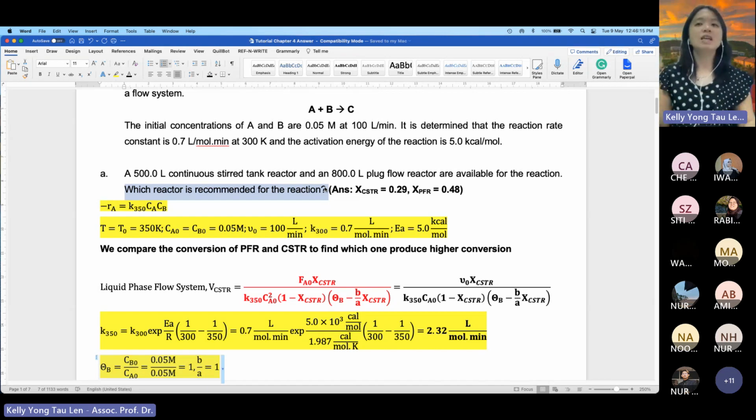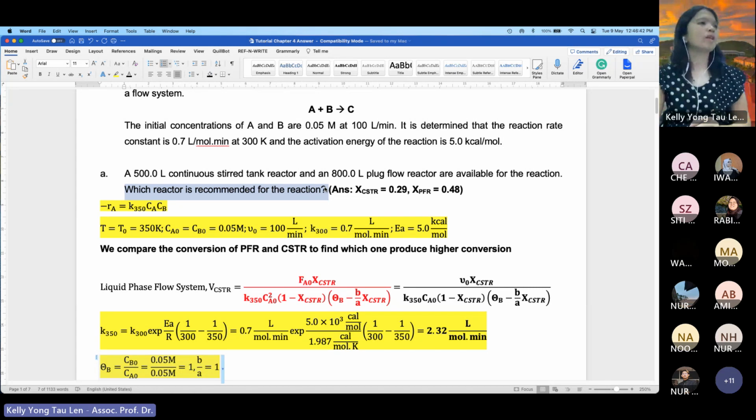We base our recommendation on the conversion. Which reactor will give us a higher conversion? In order to know that, we have to calculate the conversion: what is the conversion if we use the 500 liter CSTR, and what is it when we use the 800 liter PFR.